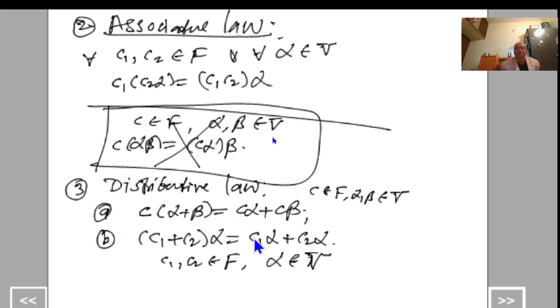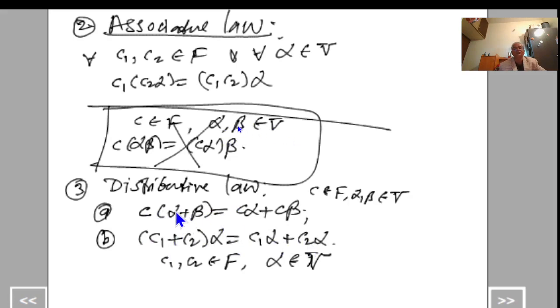And the right hand side: this is an element of F, this is an element of V, therefore this is an element of V. This is an element of F, this is an element of V, therefore this is also an element of V. And addition of two elements of V is again an element of V. So this plus is defined between these two. This is known as the left distributive law and this is known as the right distributive law.